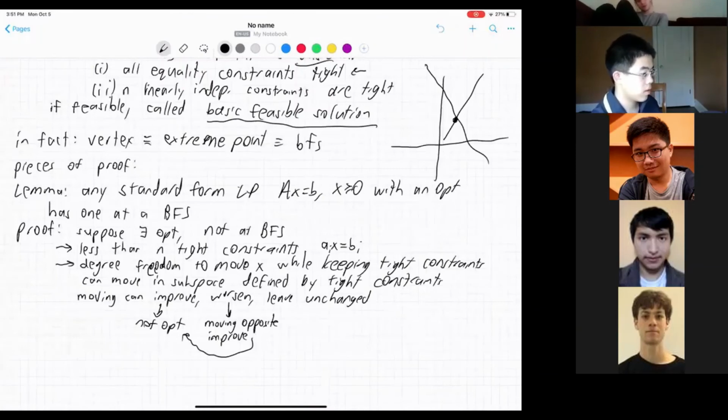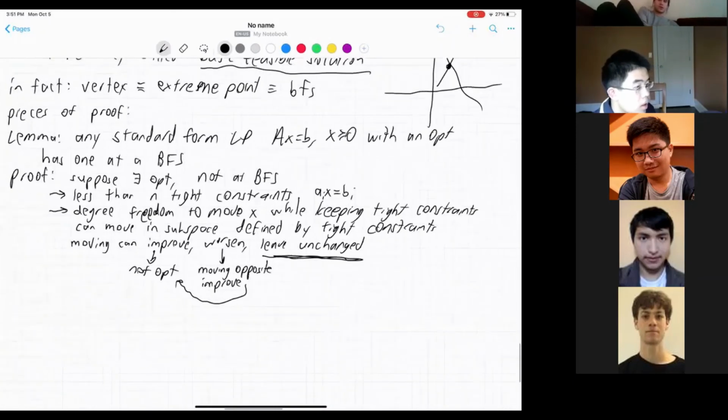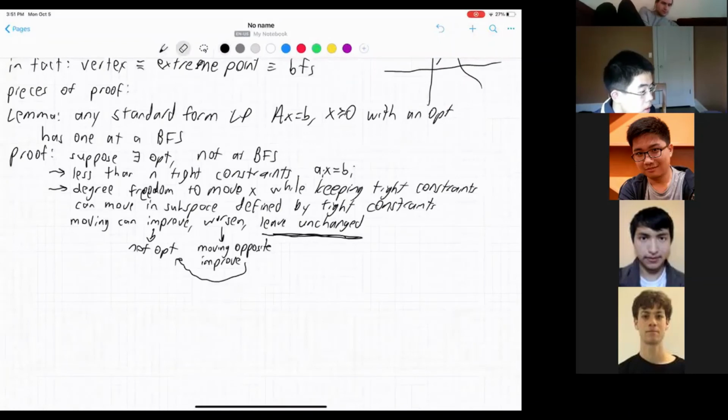So really the only possibility, given our assumptions, is that moving in the subspace leaves the objective function unchanged. So that means the entire subspace is optimum.